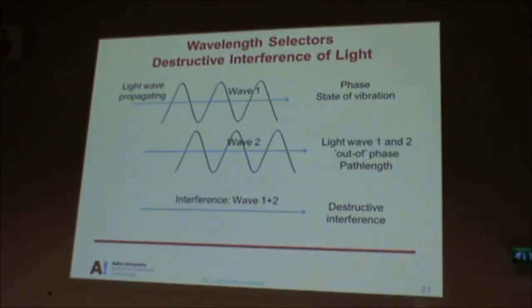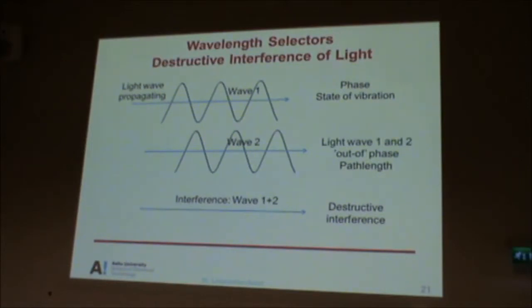When you add one light wave to the other, it's basic addition: positive becomes even more positive, and positive and negative cancel each other. If they cancel each other, it's destructive interference. If they add upon each other, it's called constructive interference.